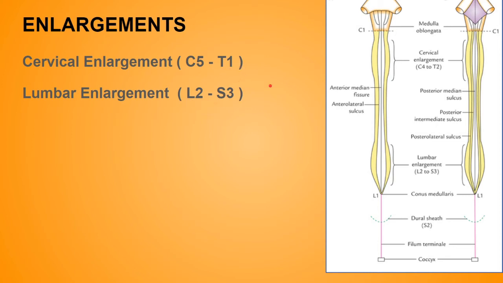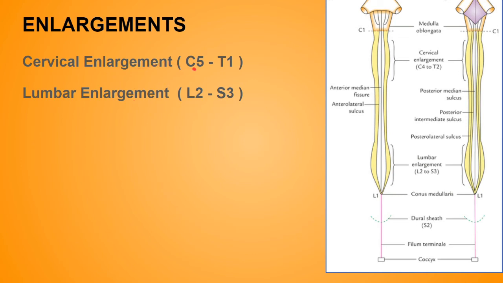But the vertebral levels of these are different. Remember, the levels I mentioned are the spinal root levels, but the vertebral level is different. For the cervical enlargement the vertebral level is C3 to T1, while for the lumbar enlargement it is T9 to L1.